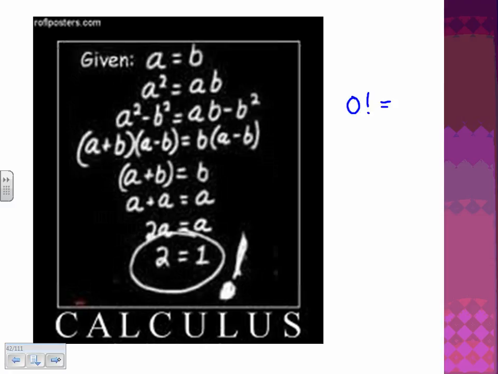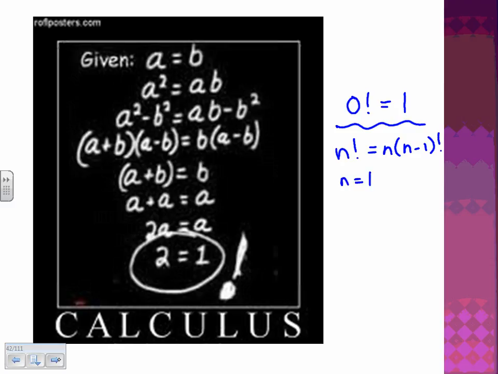Equal to 0? You can't. Why? Okay, so let's start with n factorial. How could I rewrite that if I wanted to pull the first thing out? That'd be n times n minus 1 factorial. All right. Well, let's let n equal 1.